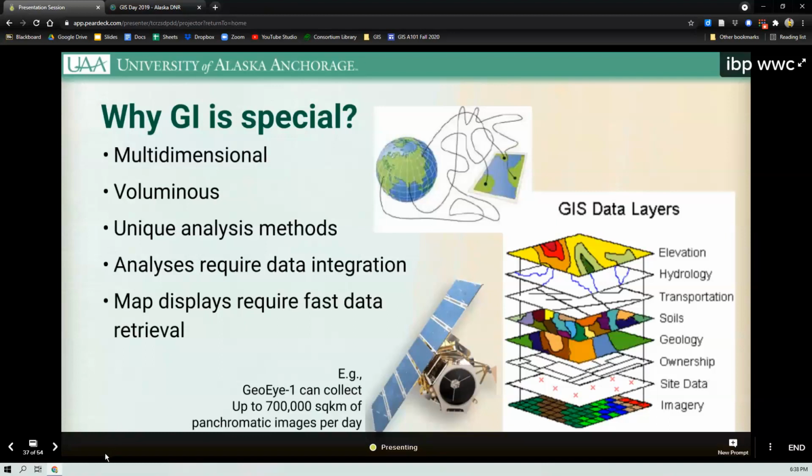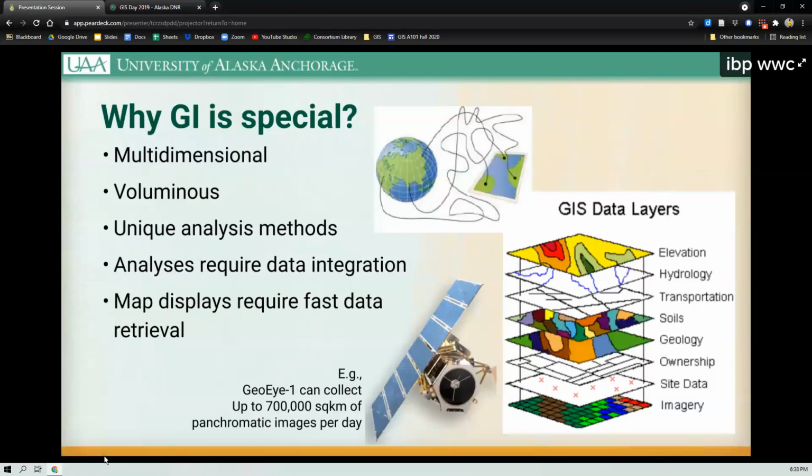So if you have any familiarity with database systems, a GIS is not really all that different than any other database, except that it's basically, or in some sense, it's a database taken to its extreme.